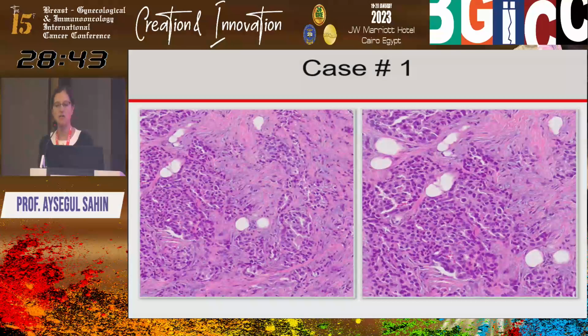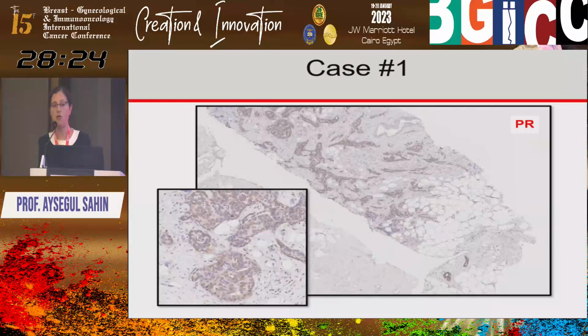As you can see, there is an invasive epithelial process, and based on cytology, it is an invasive carcinoma. The outside pathologist made the diagnosis of invasive ductal carcinoma NOS, and they performed tumor biomarkers, ER/PR, HER2, and Ki-67. The PR staining was interpreted as positive.